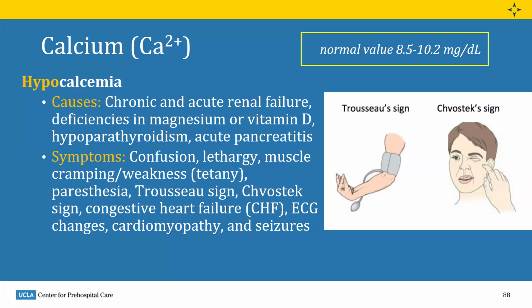Now, if our plasma calcium levels drop below 50% of normal, which is like below 9.4, then you can potentially have spontaneous action potentials, which can cause contractions of our peripheral skeletal muscle system.